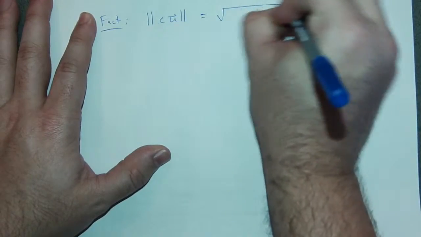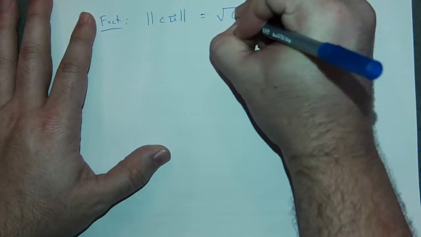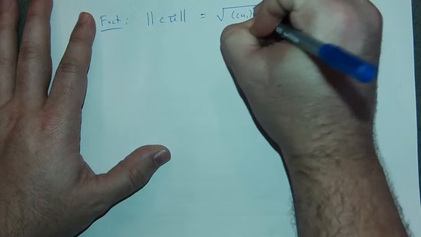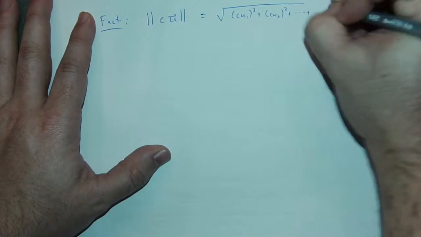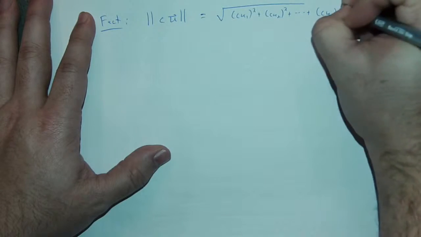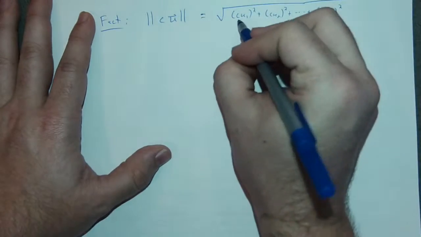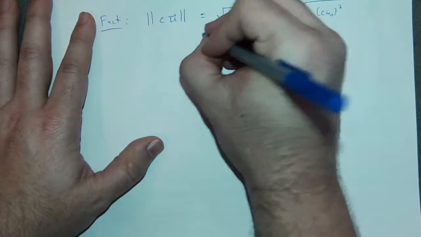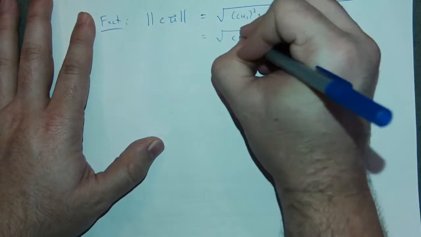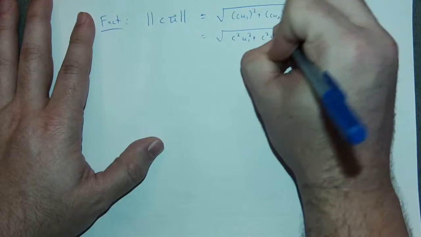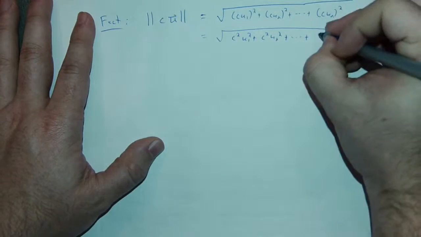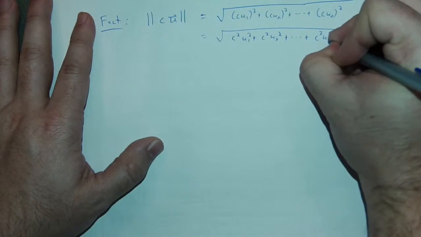If I actually try to compute this, it would be the square root of c u1 squared plus c u2 squared, and so on, up to c un squared. So in each term, I get a c squared. Let's just do it real quick. This is c squared u1 squared plus c squared u2 squared, and so on, plus c squared un squared.